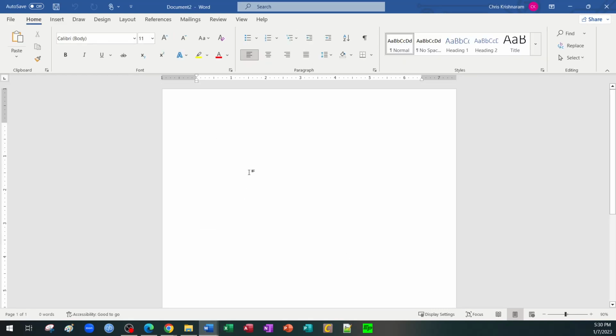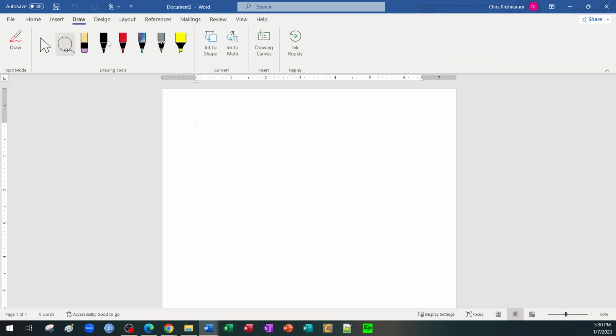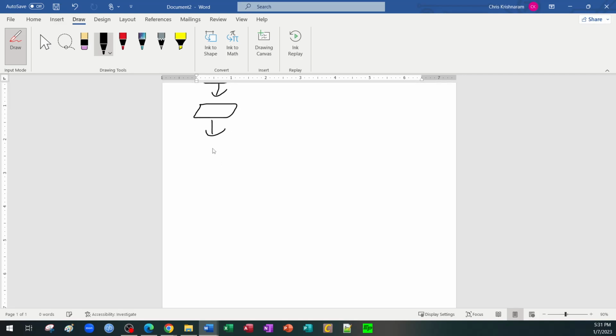So the other example is this one here. Say we have start here, and we have a symbol here, and we have another symbol, and then here we have a connector symbol, and then here we have another connector symbol.